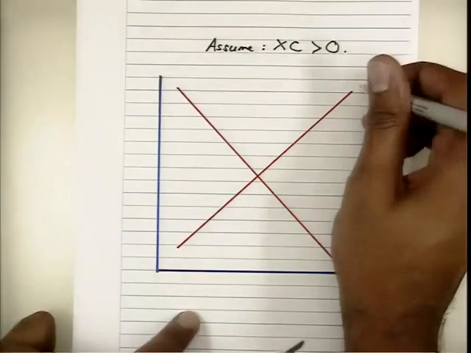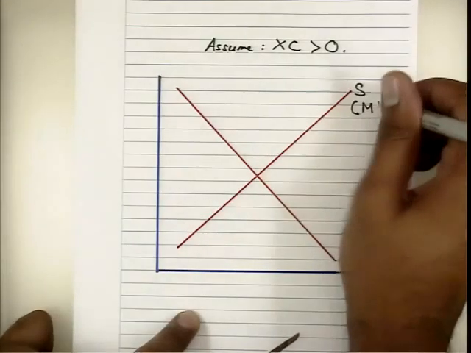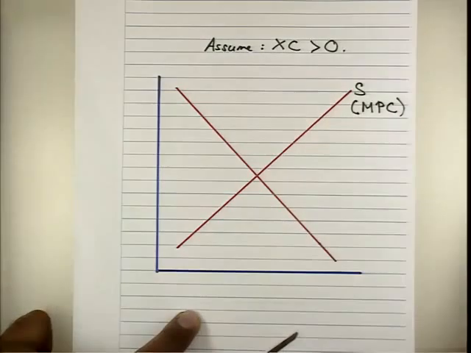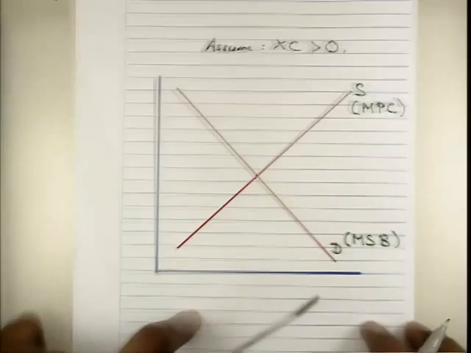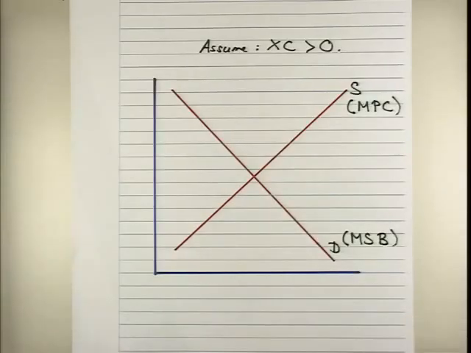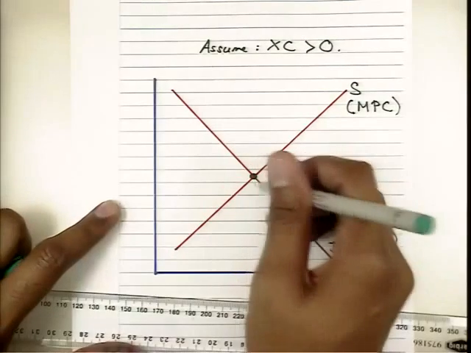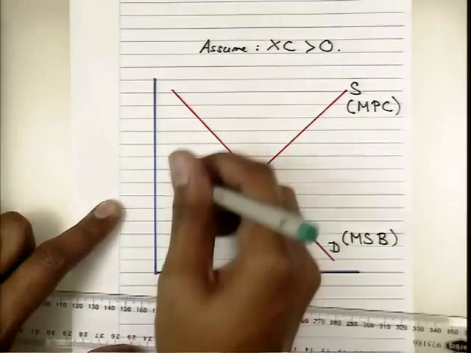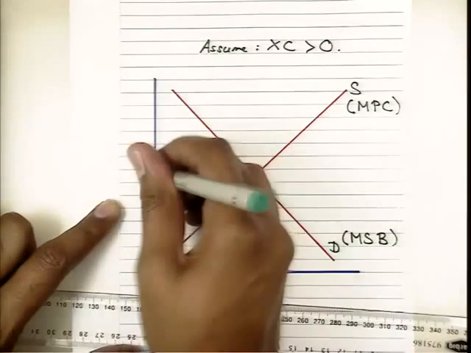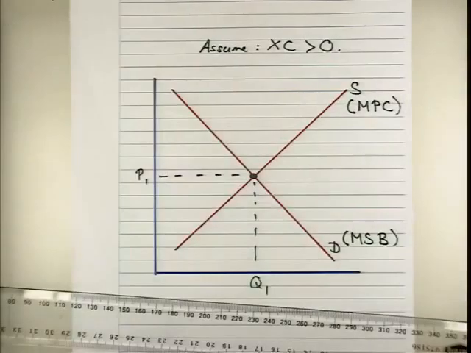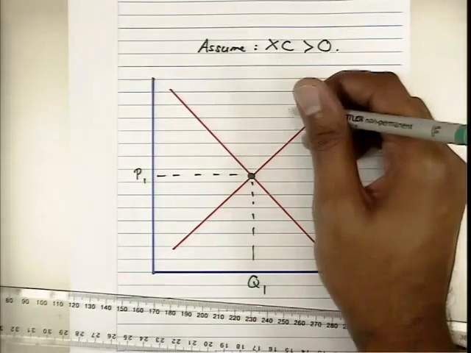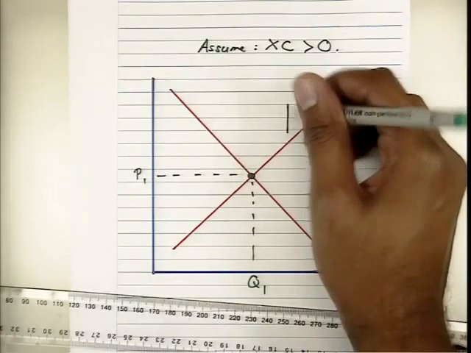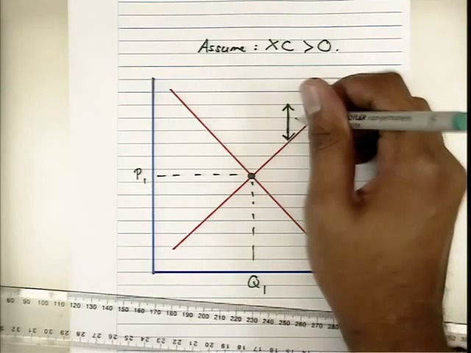If we have a positive external cost, the supply curve is actually the marginal private cost curve, and the demand curve will still be the marginal social benefit curve. There is an external cost, but the firm is ignoring it. If we add the external costs to the marginal private cost, the marginal social cost would be much higher.